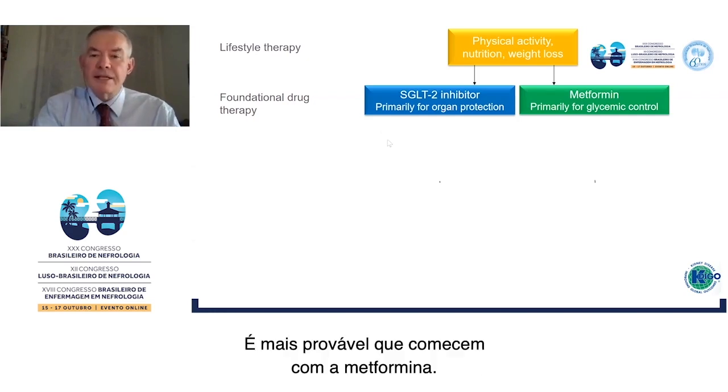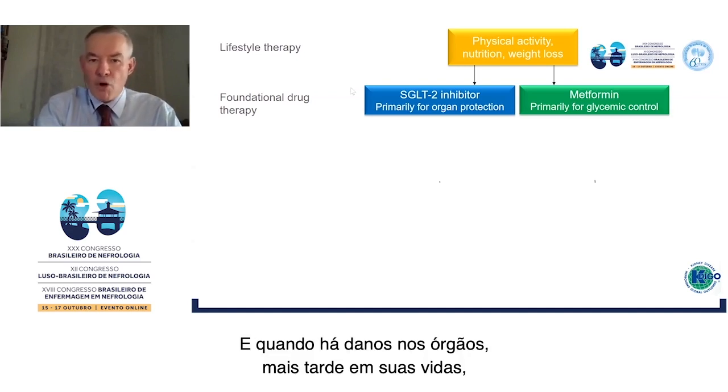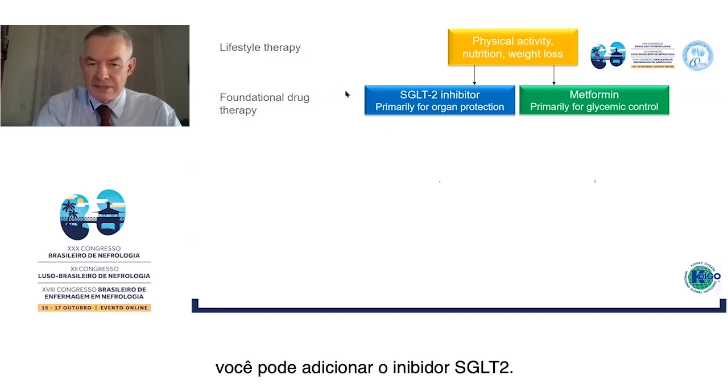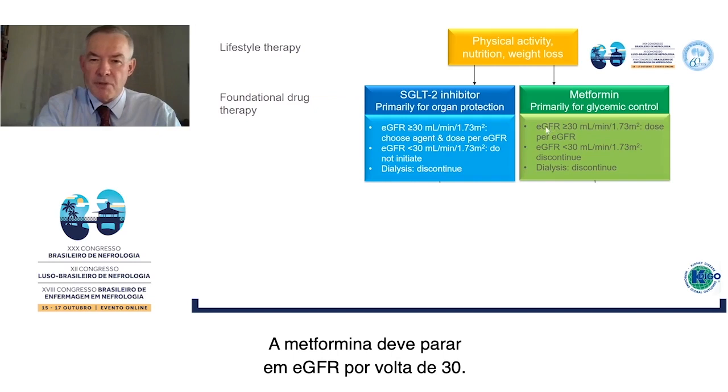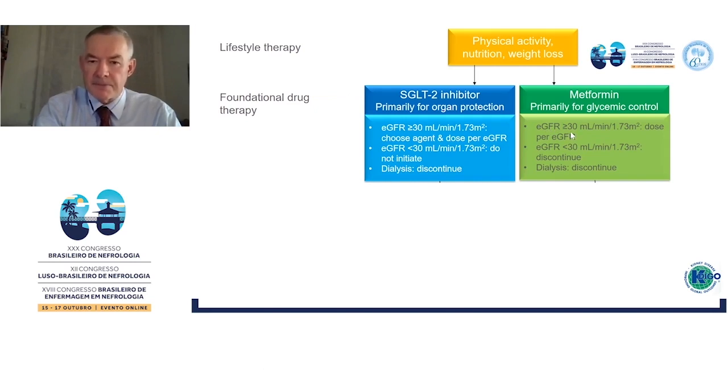Most likely patients are starting with metformin. And then when they have organ damage later on in their career, you could add an SGLT2 inhibitor next. There are restrictions for these two medications. Metformin has to stop at an eGFR at around 30 because of the lactic acid danger, and discontinue below 30.